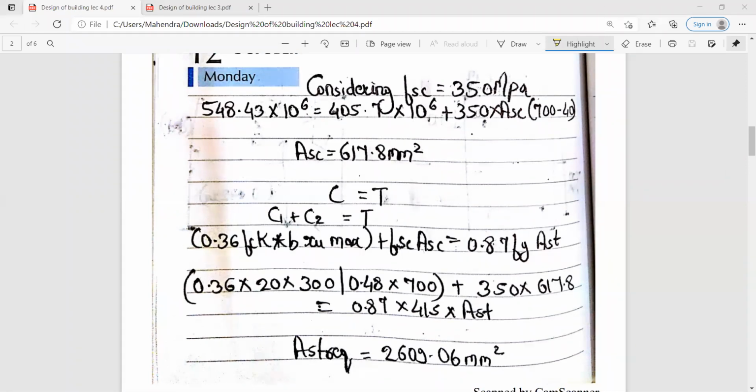Everyone had got the answer for ASC, that is 617.8 mm square.